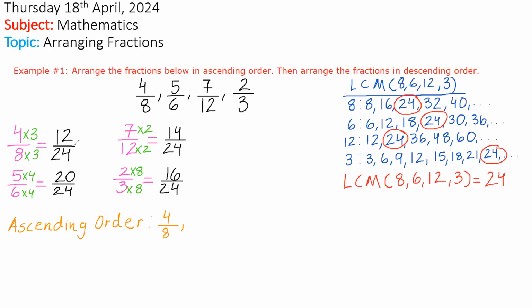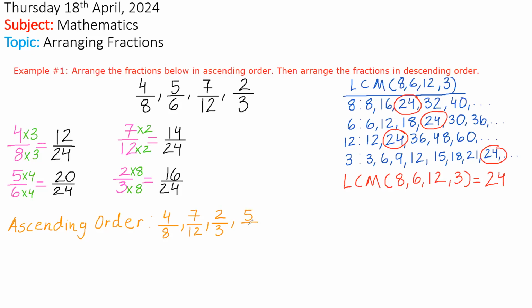So 4/8 is the lowest one. What's the second lowest? I'd say 14/24, 7/12. And then the next one would be 16/24, which is 2/3. And then we have the highest, which is 5/6.